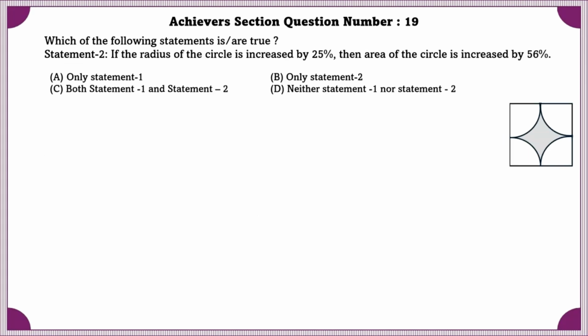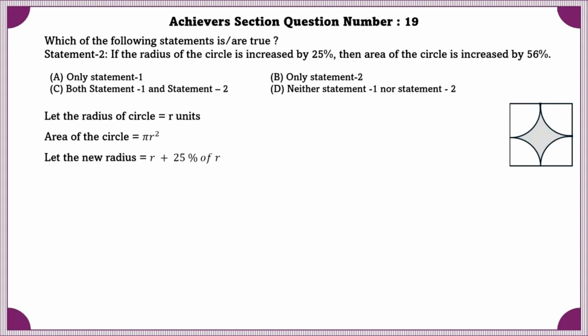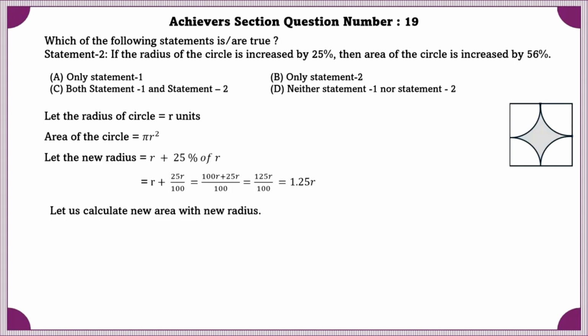Statement 2. If the radius of the circle is increased by 25%, then area of the circle is increased by 56%. Let the radius of the circle be r units. Area of the circle is equal to pi r square. Let the new radius be r plus 25% of r, which is equal to 1.25 r. Let's calculate new area with new radius.